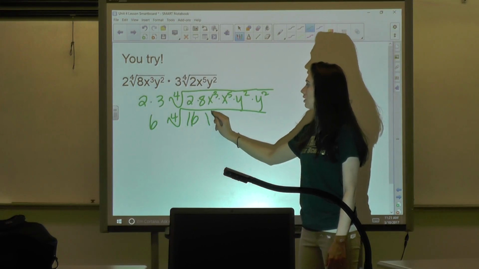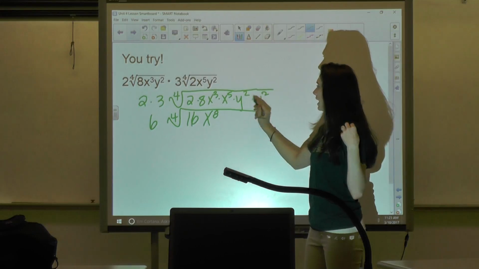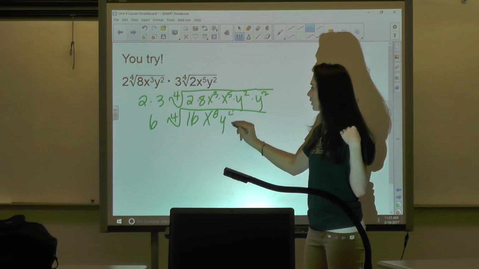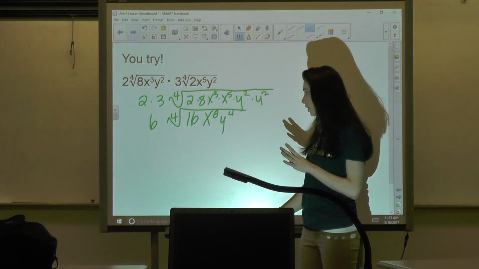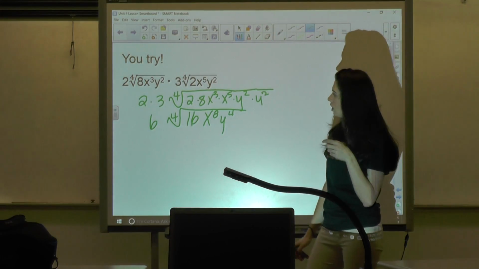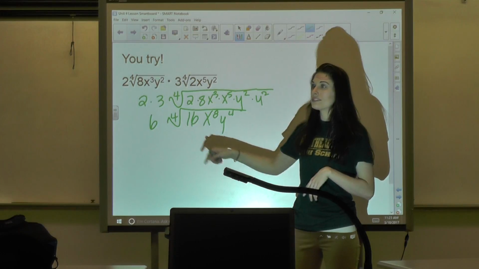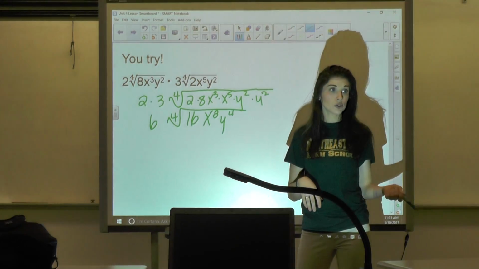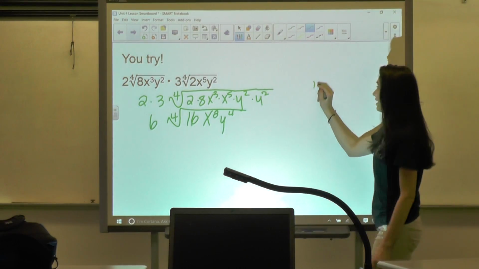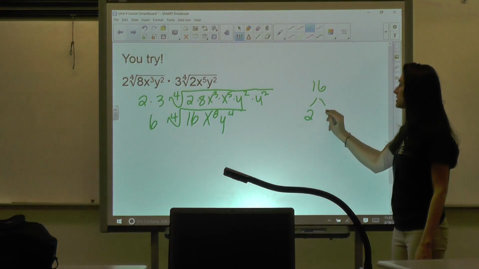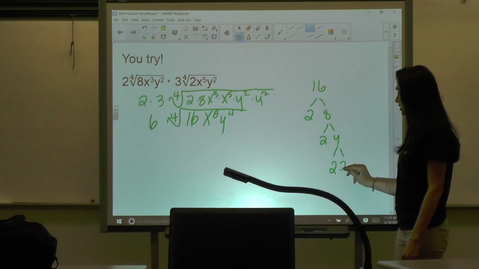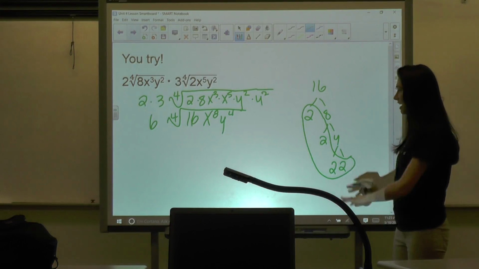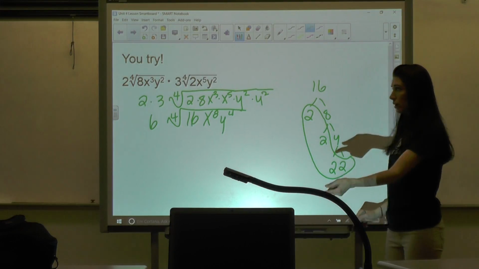We have x to the power 8 and y to the power 4. Now, you have to have 4 in order to bring out 1. The fourth root of 16, I know, is 2. But if you didn't know that, you would do a factor tree. 2 times 8, 2 times 4, 2 times 2. You have to have 4 in order to bring 1 out.